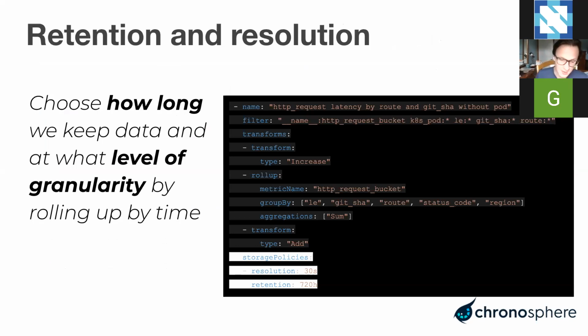Maybe I care about the most raw level of granularity possible for the last week or last month, because for diagnosing and debugging issues it's important that I have the very most raw level of granularity. But let's say I also care about year-long trends or month-long trends, but almost never would I need to break out by the same level of granularity a year ago.